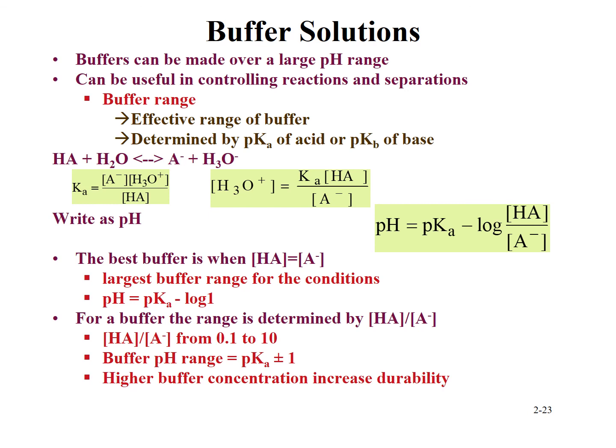Now, a buffer is best when the deprotonated and protonated concentrations are the same, so it has the largest capacity. If these are the same, the ratio will be equal to 1. The pH would be equal to the pKa minus log 1. Log 1 is 0.